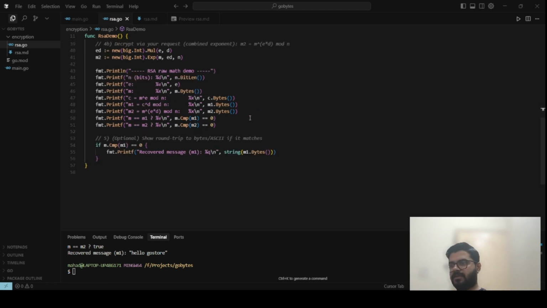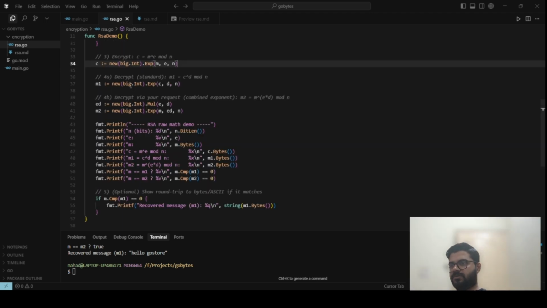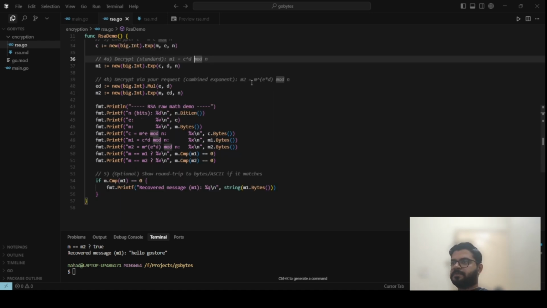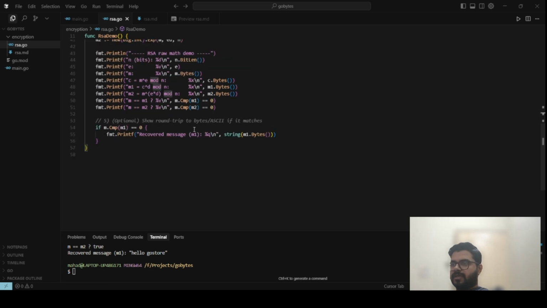So finally, we are printing the message if m dot cmp m1 equal to 0. Recovered message is m1, right? m1 is over here, which is m to the power e times d mod n. Now we have the message that will get printed over here.